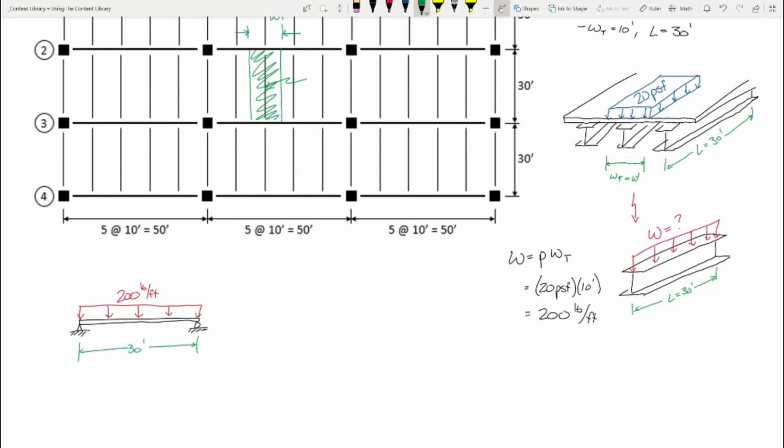Okay. Now, I don't know about you, but that should be a problem that's easy to solve. So notice how what we've done is we took a three-dimensional structure and broke it down into something that we can solve very easily.